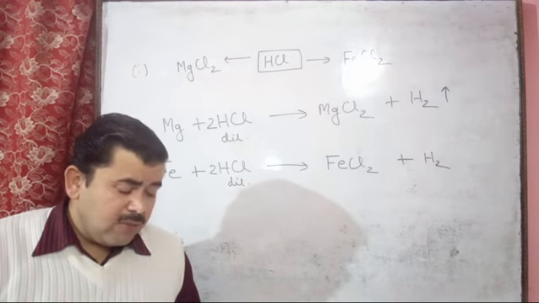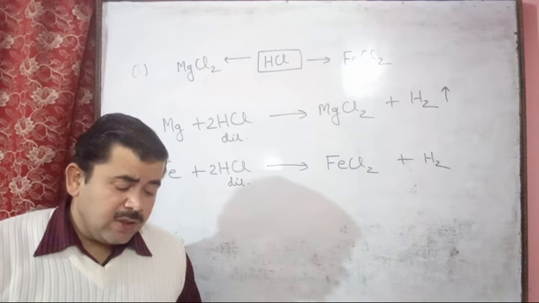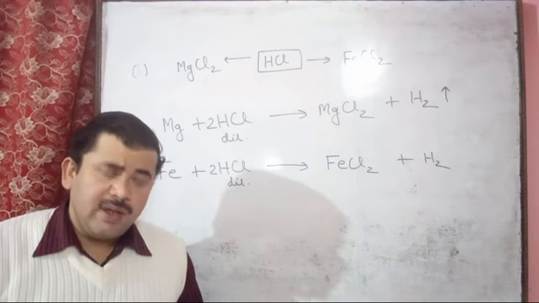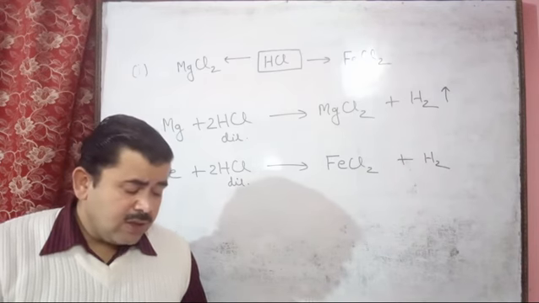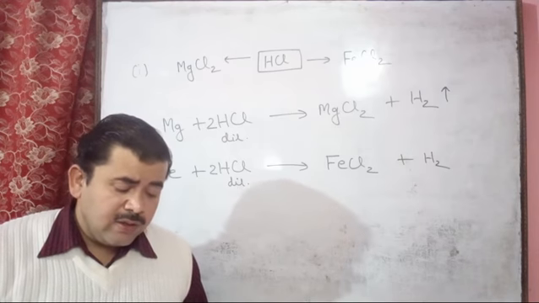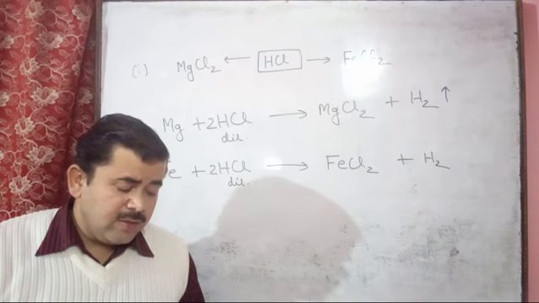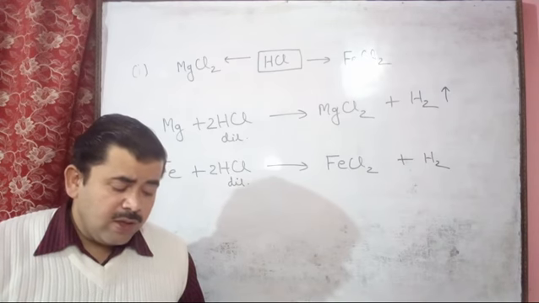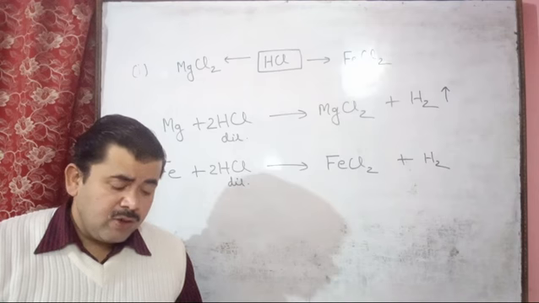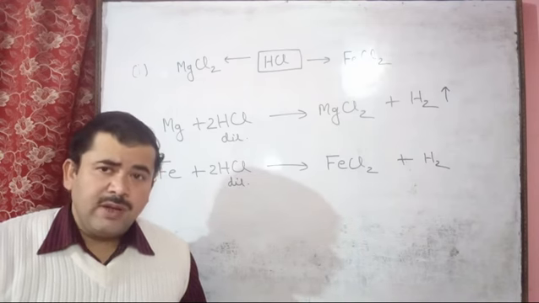Second, a metal which cannot be used for the preparation of hydrogen using dilute acid. So here also you will write lead. Third question, the salt formed when aluminium reacts with potassium hydroxide during the preparation of hydrogen from alkalis. So here potassium aluminate.